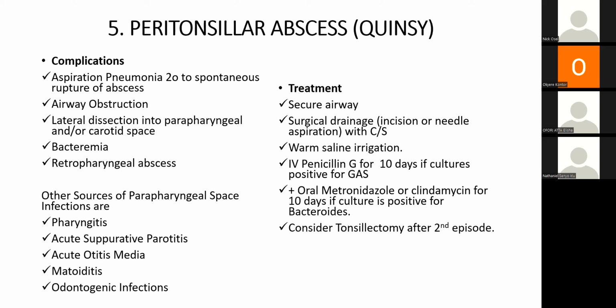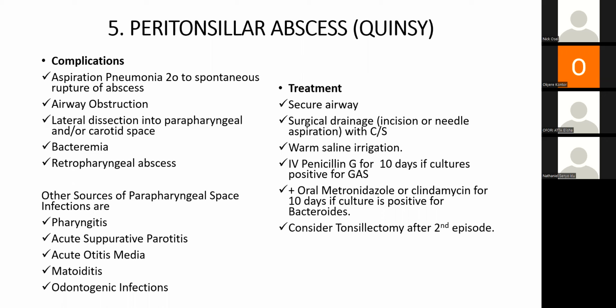You remember the soft palate becomes extremely swollen if there is also tonsillar enlargement. Then the whole passage will be blocked, which can lead to airway obstruction. There could be lateral dissection into the parapharyngeal or carotid space, bacteremia, and retropharyngeal abscess as well.